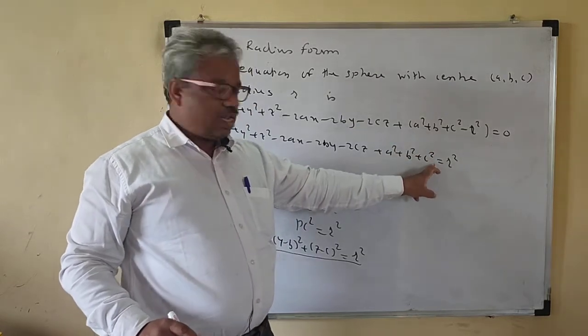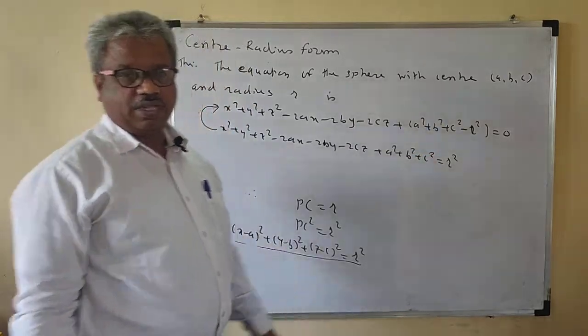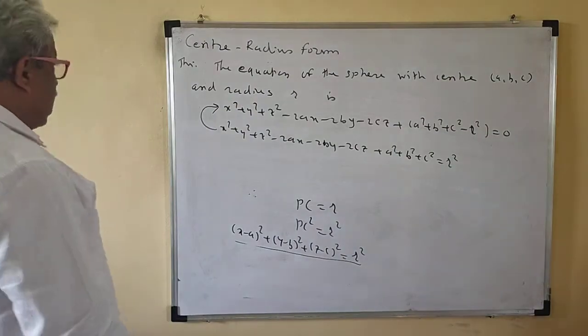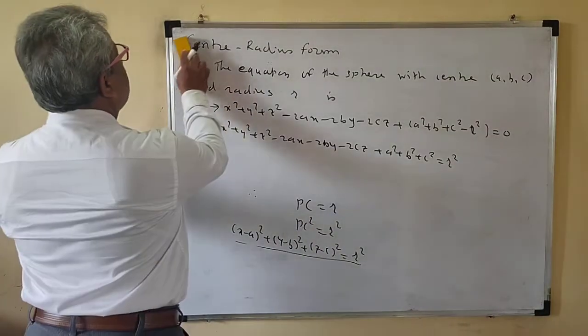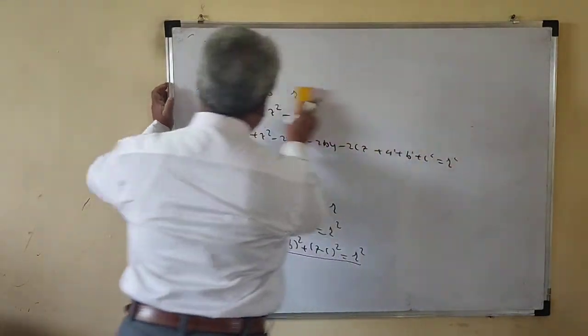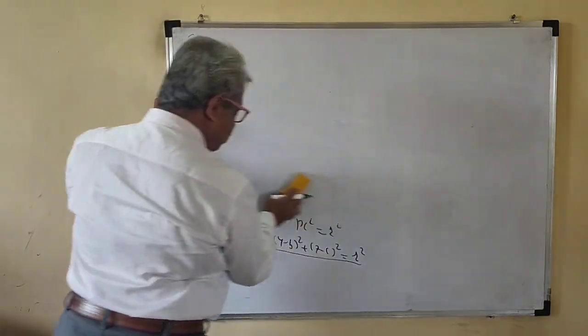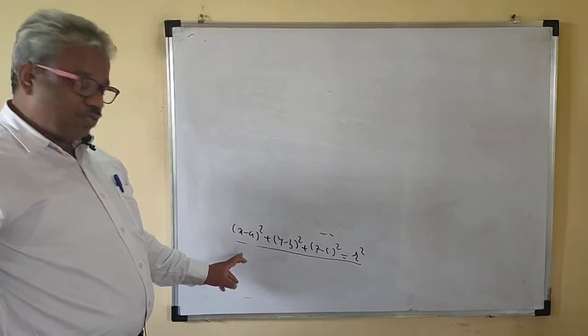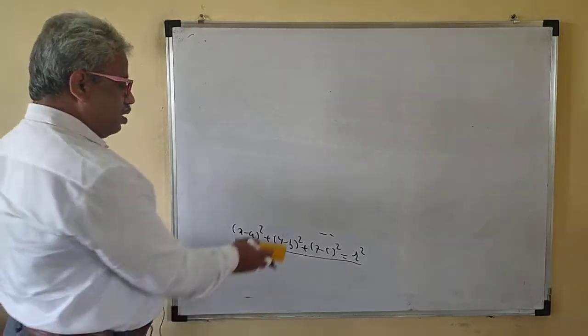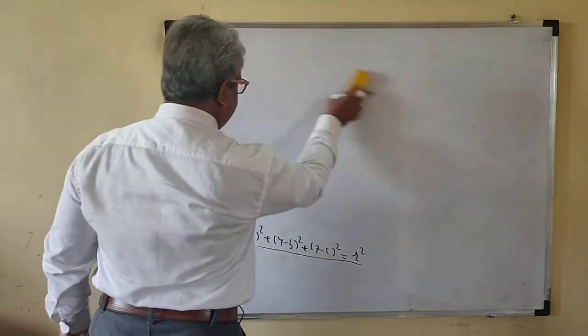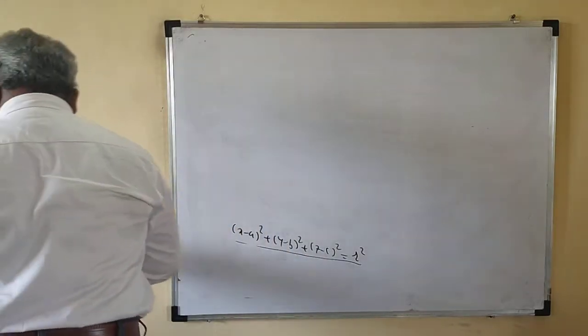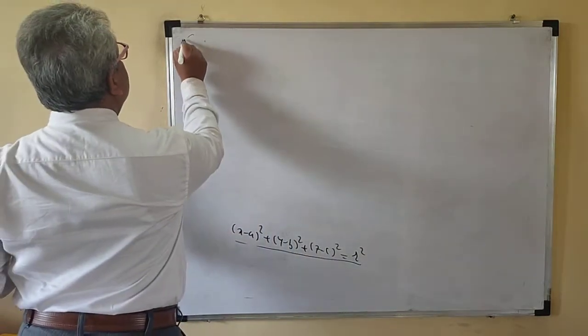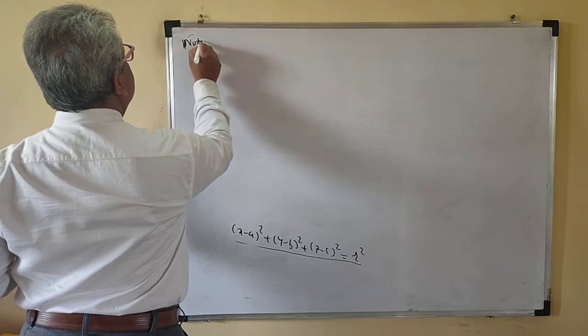Just replace r square here and write the bracket, and you get the required equation of the sphere. This is called the center radius form of the equation of the sphere. Just remember this; use it while solving problems. But you have to simplify this now. So, what is the note? This is the note.